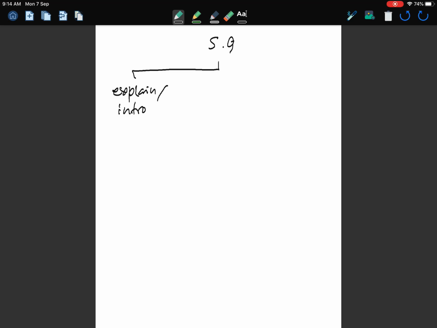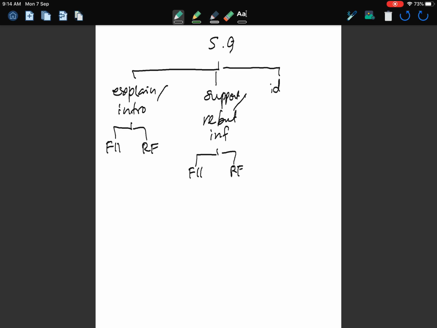So under Section 9, the first one we are talking about is facts which are used to explain or introduce facts in issue or relevant facts. Facts which support or rebut inferences suggested by facts in issue or relevant facts. Facts which show identity.